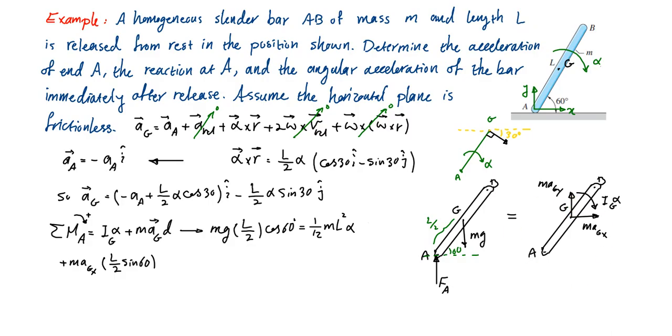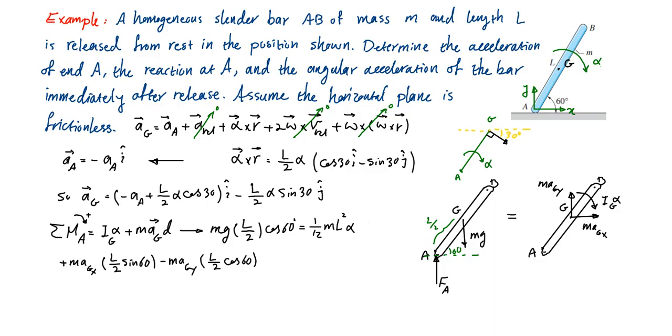The next term would be the y component, m a_Gy, times, this time, L over 2 cosine 60 degrees, since that's the distance I'm looking for, this distance. And it's negative because it creates a moment opposite the direction that I assume to be my positive direction.